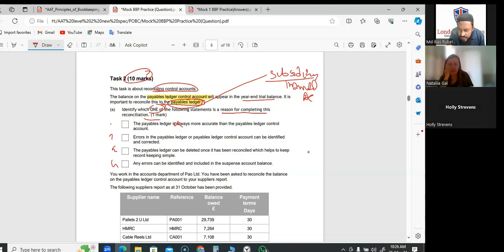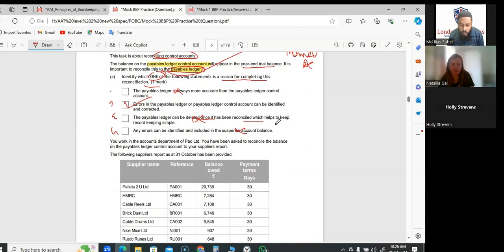Is the control account deleted once it has been reconciled? Never like that. Nothing like that. Any error can be identified and included in the suspense account? Not actually. We look for the errors in the receivables or payables ledger, the individual accounts. This is the best answer. Yep, agree. Well done. What is the next one?